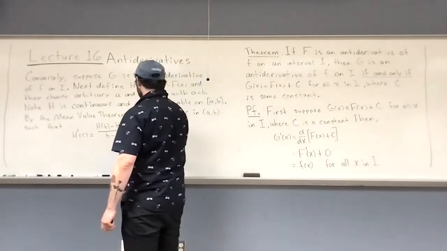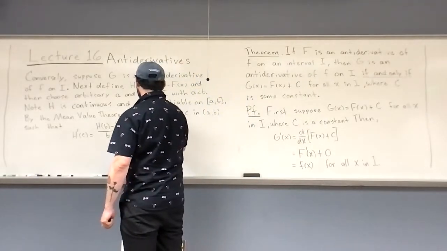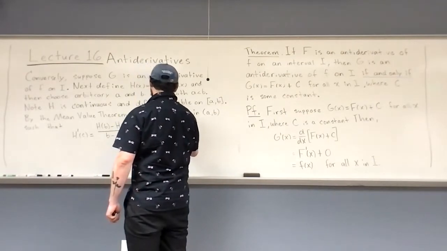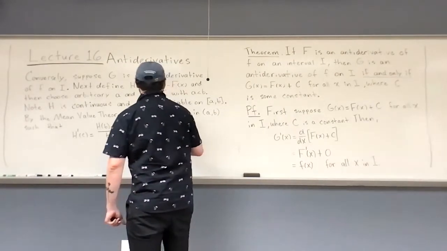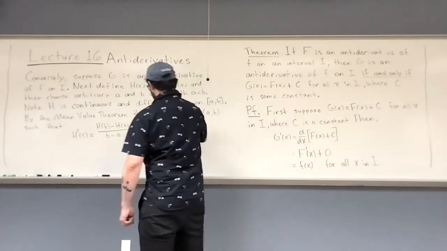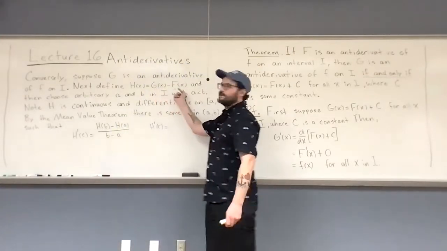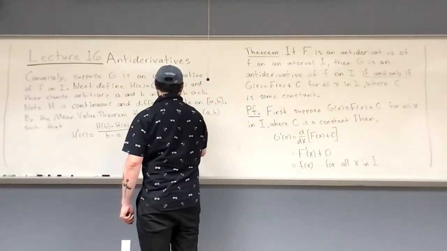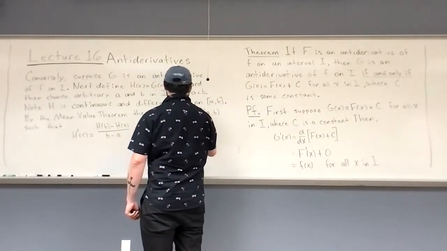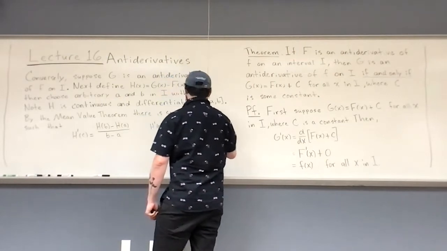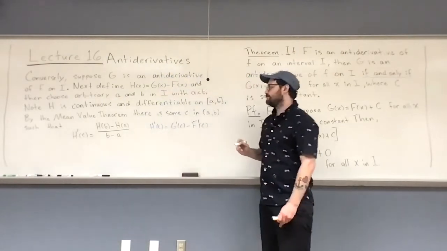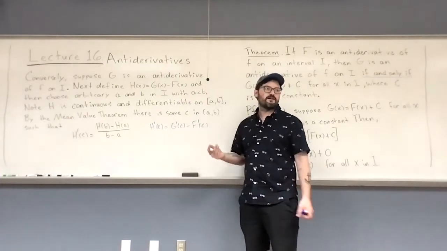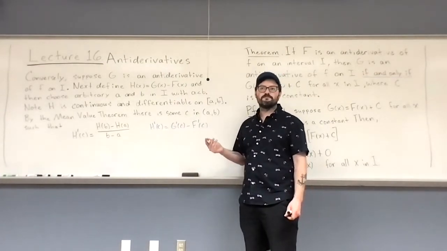So h prime of c is equal to the derivative with respect to x. What's actually equal to this? We just take the derivative there and there, right? g prime of c minus capital F prime of c, right? But we've assumed what about g and capital F? They are antiderivatives of little f, right?